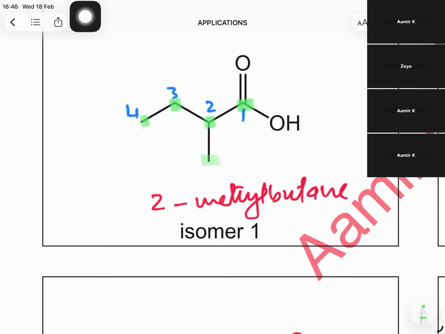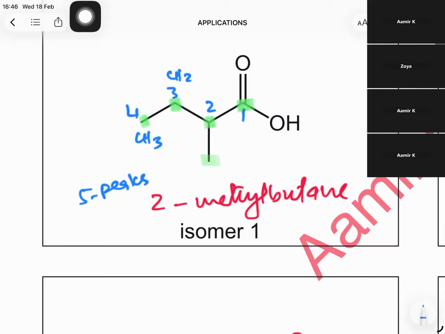So 5 peaks for this. So this is not my answer, because I'm looking for 3 peaks. Carbon 3 is CH2 and carbon 4 is CH3. They could not have one peak because they have different numbers of hydrogens attached, a different environment. Everything is different.